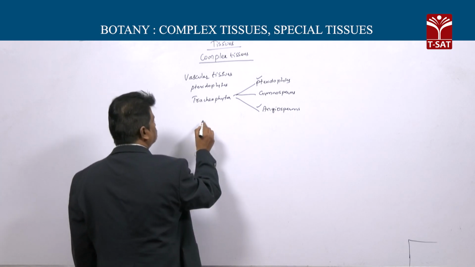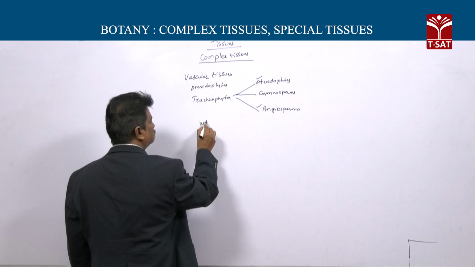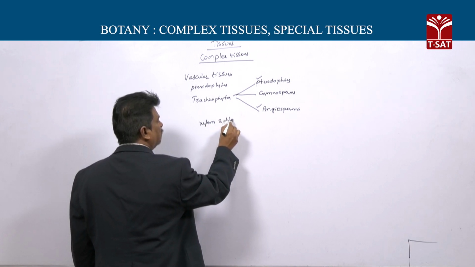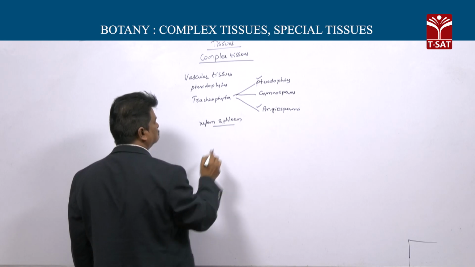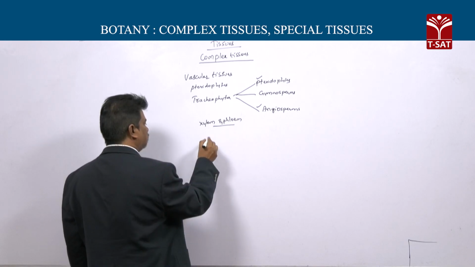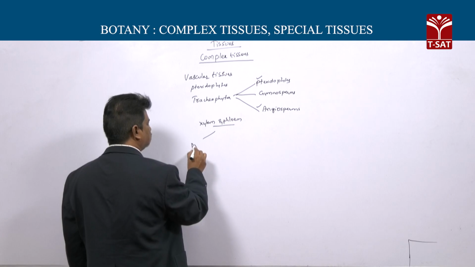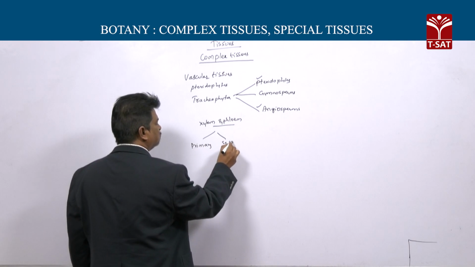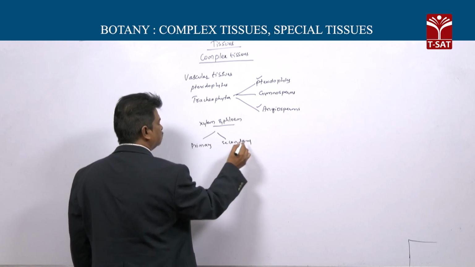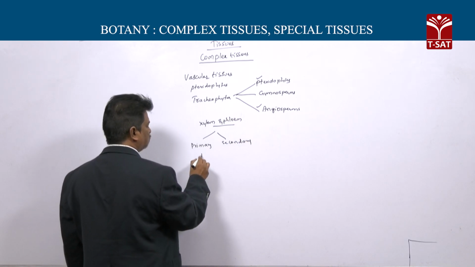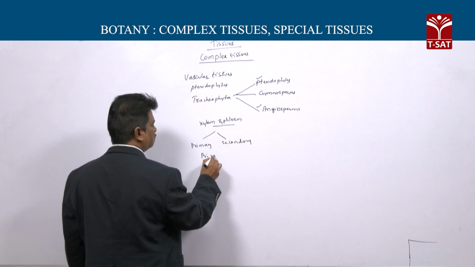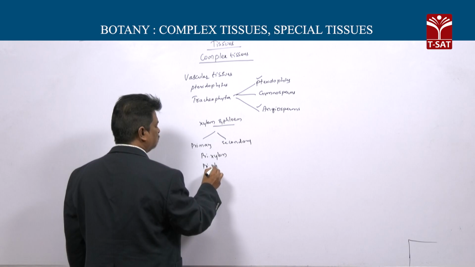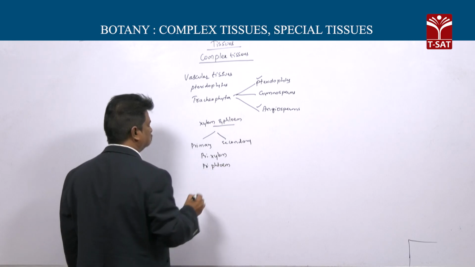Rightly, these vascular tissues include xylem and phloem. And these vascular tissues are of two types, primary and secondary vascular tissues. Primary vascular tissues are primary xylem and primary phloem.